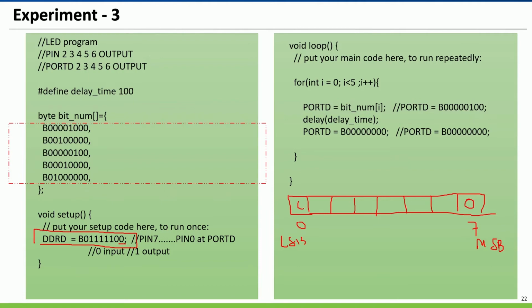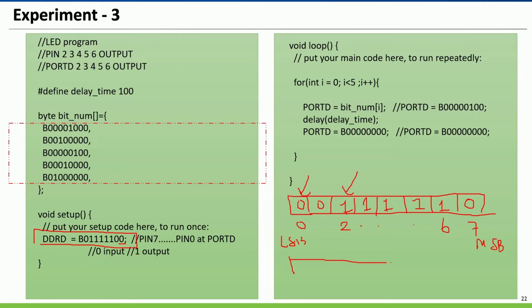So this one 0, 0, 1, 1, 1, 1, and 1. This one you put the register for input and output. This one for input, this one for output, because you use pin 3, pin 2 until pin 6.